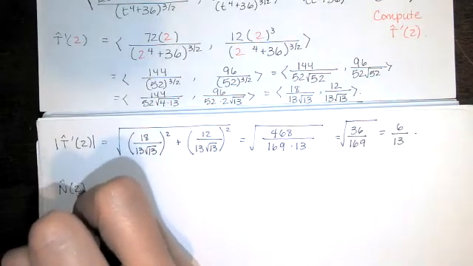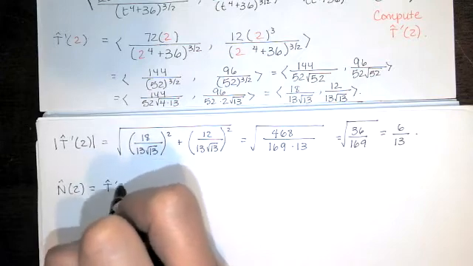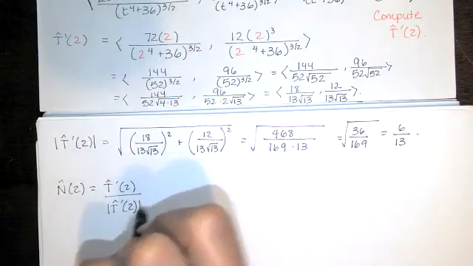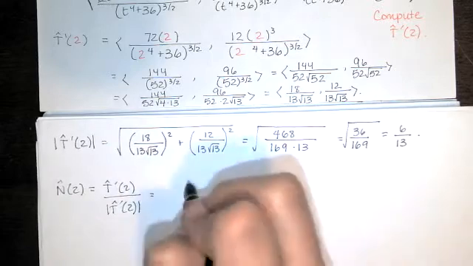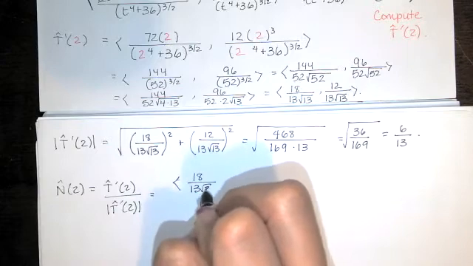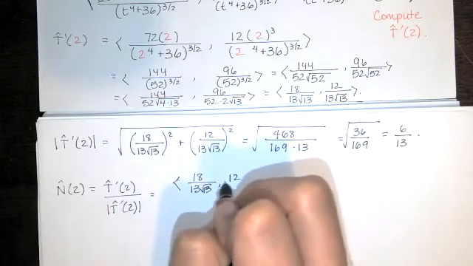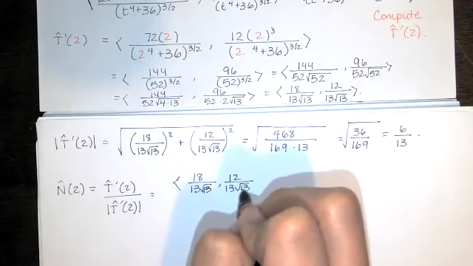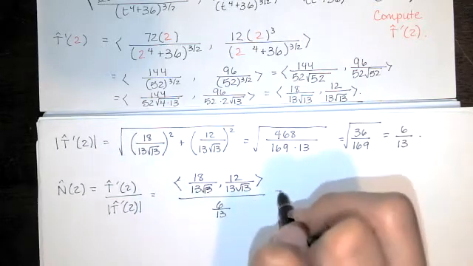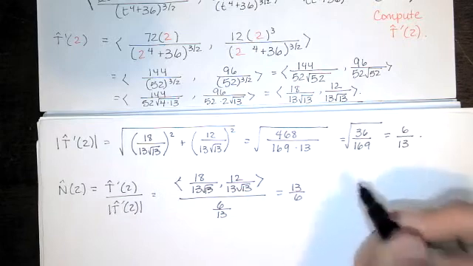So n hat at 2 is t hat prime at 2 divided by its magnitude. So I've got this vector, and I'm dividing by 6 over 13. So we'll multiply by the reciprocal.